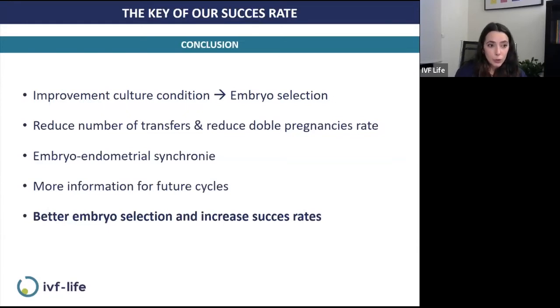So I would like to conclude this presentation by highlighting the advantages of culture to day 5 embryos. So first of all, a better embryo selection. Extended culture on day 5 of development provides much more information about the real quality of the embryos and their implantation potential.